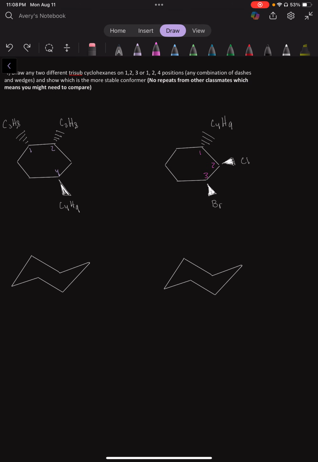With chairs, we have our axials and our equatorials.